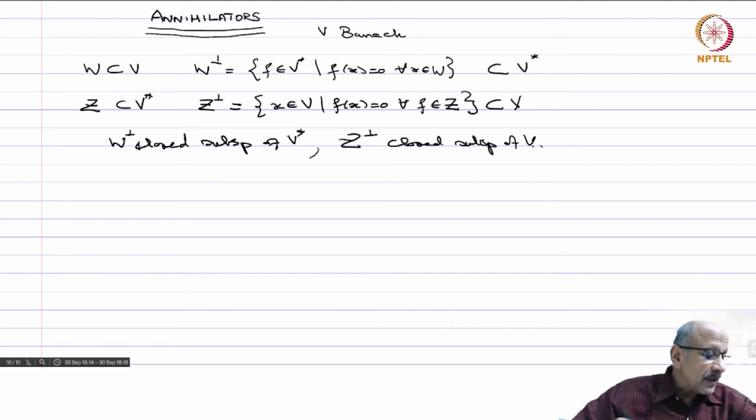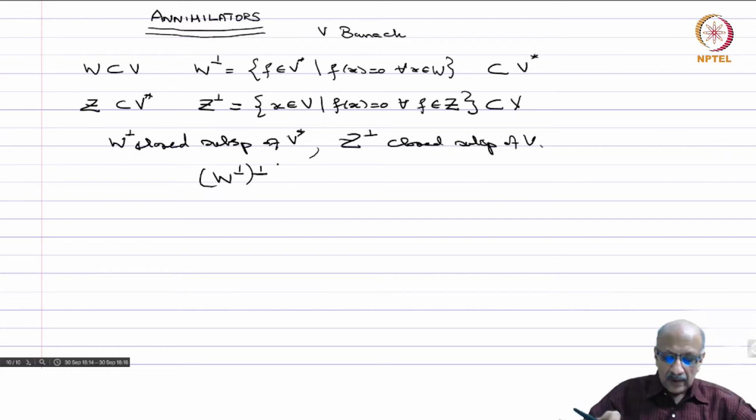The second one is absolutely the same. So now let me take W perp perp. W perp is now a subspace of V star. I take its perp. So this is something in V now.